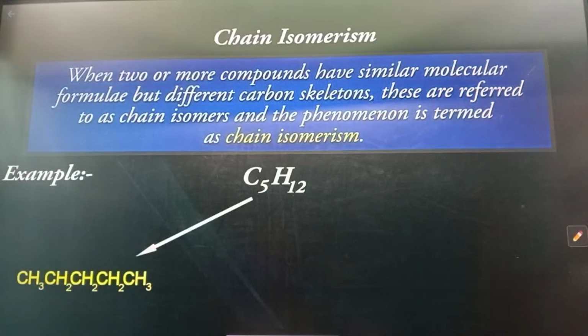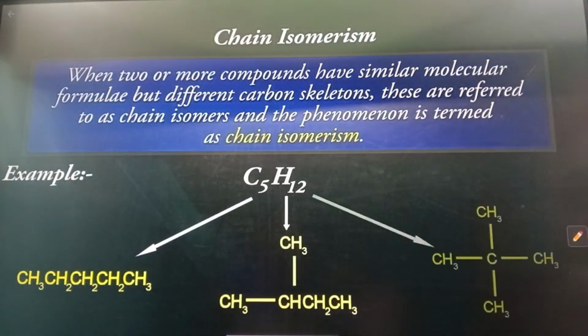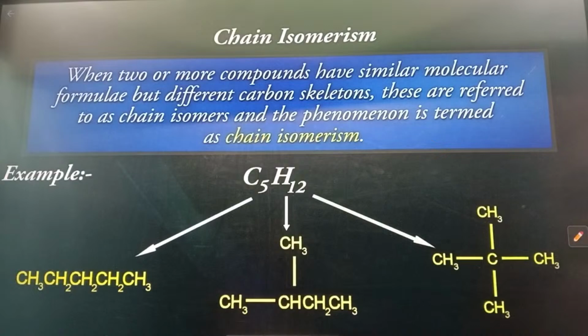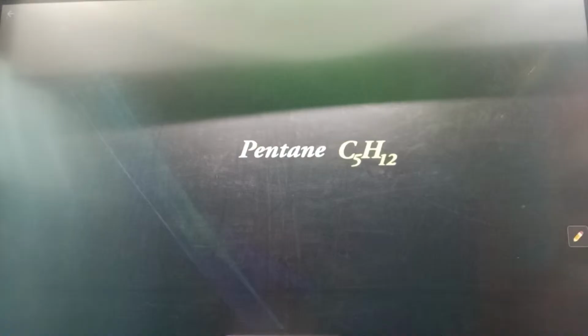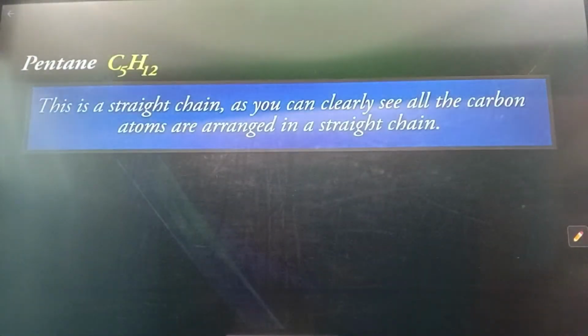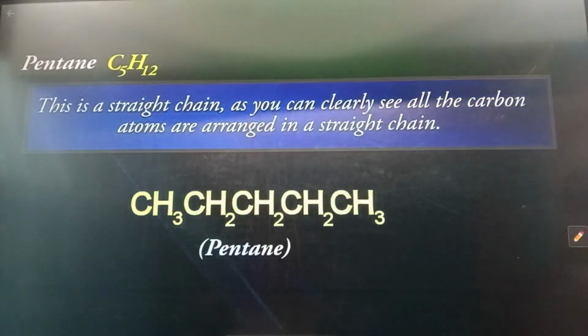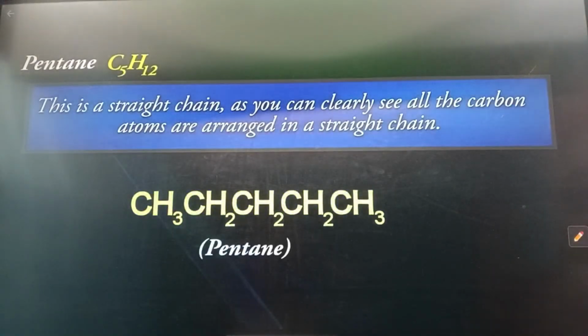C5H12 can be represented by three compounds. The first compound is pentane. This is a straight chain, as you can clearly see. All the carbon atoms are arranged in a straight chain.